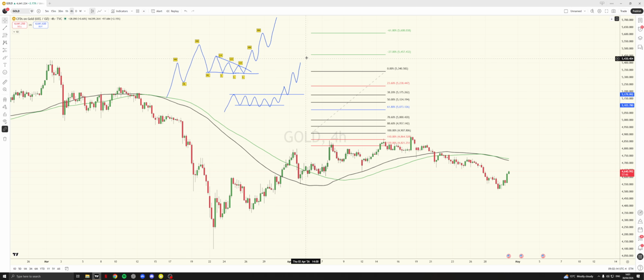Once it broke out, you can continue the uptrend. Or to make it even better, just place the level of resistance where it touches all the times right here. Then it breaks here, retests, and pushes up. So there are multiple scenarios for a continuation of a bullish trend.